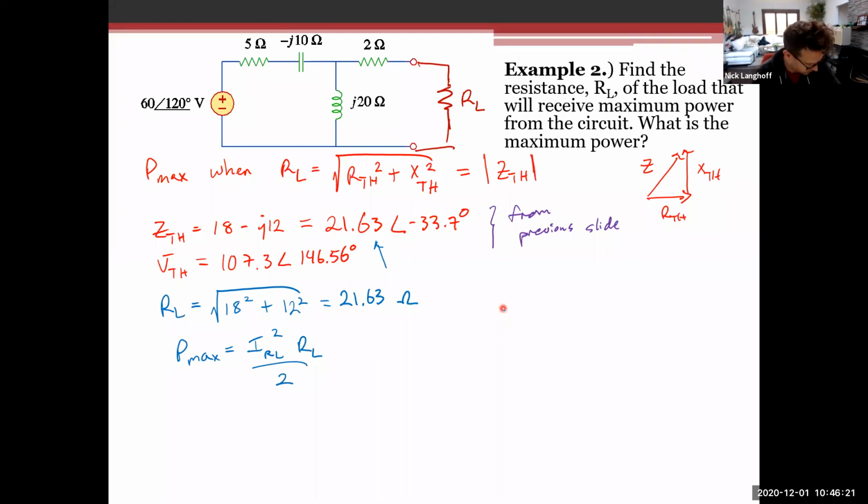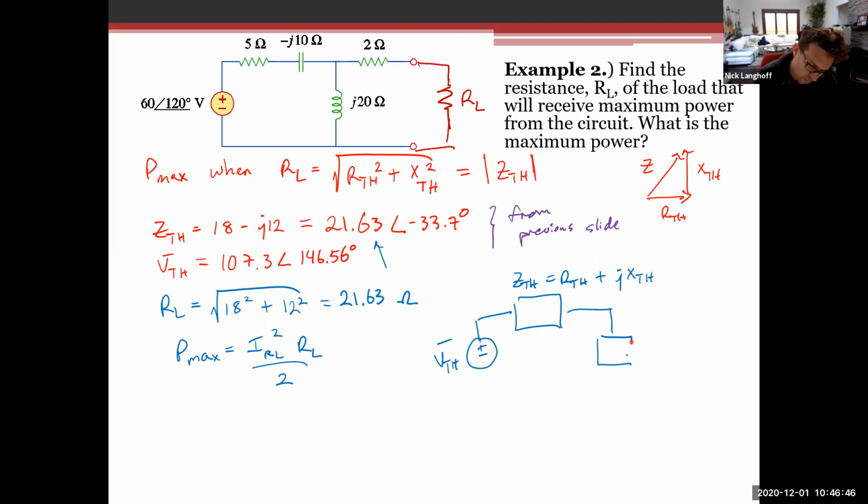If we take a look at the Thevenized circuit, here's V Thevenin, the phasor, going through Z Thevenin, which, remember, is equal to R Thevenin plus J times X Thevenin. And then that's connected to RL.